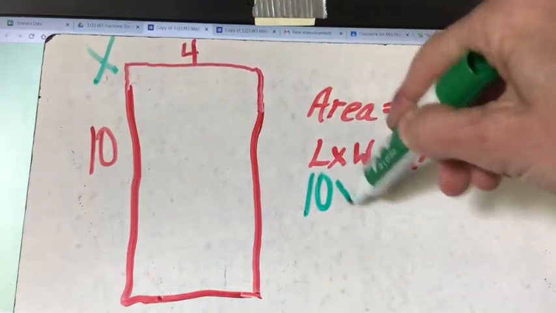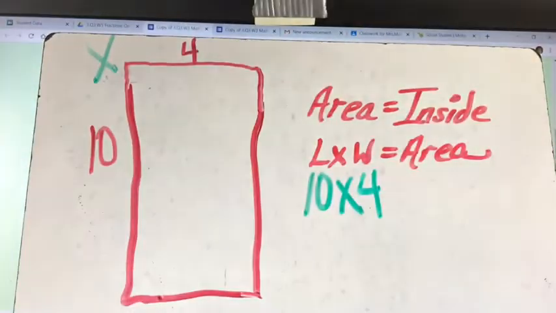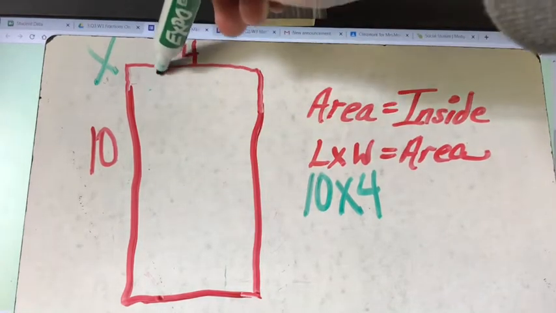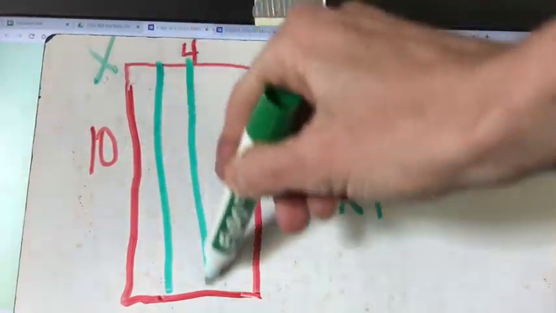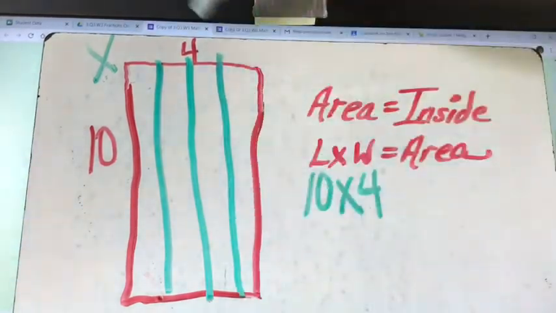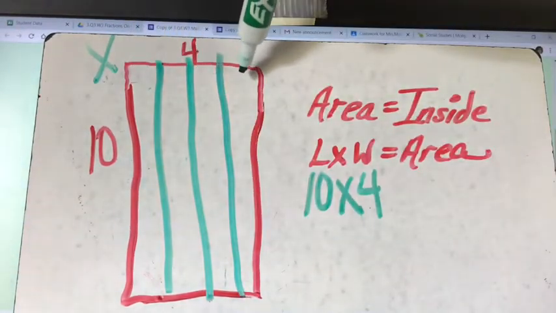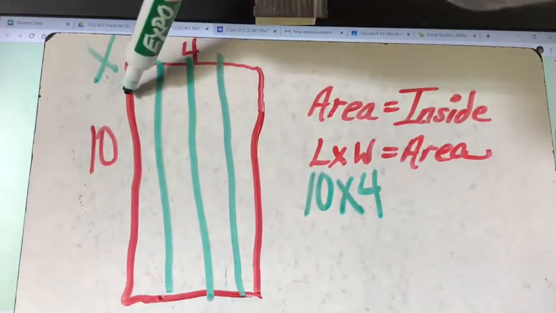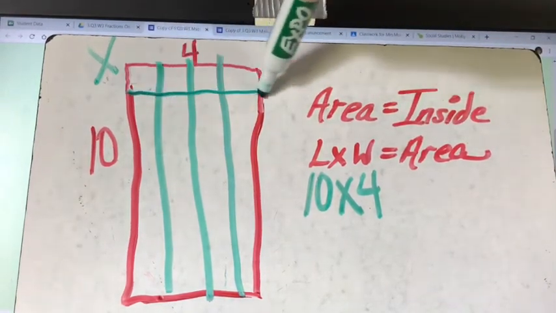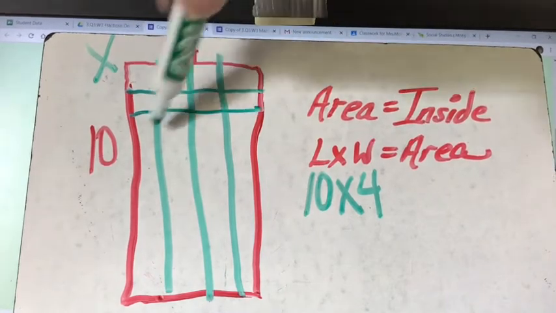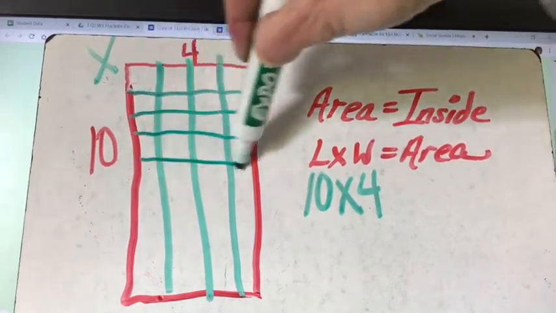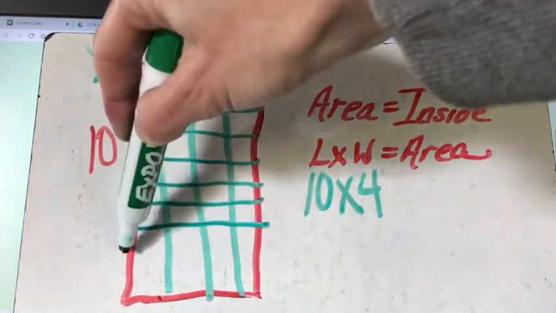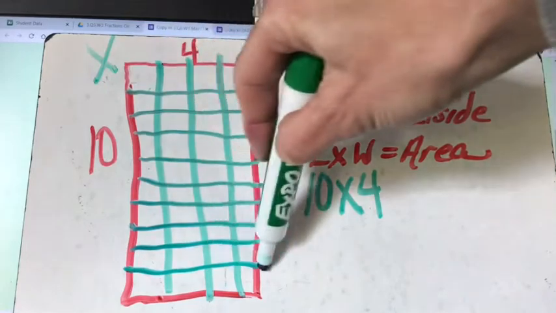so 10 times 4, or I can look at the array that I can make. Going across the top 1, 2, 3, 4, remember I'm filling in the inside, I need 4 across the top, and I need 10 going down, so there's 1, 2, 3, 4, 5, 6, 7, 8, 9, 10.